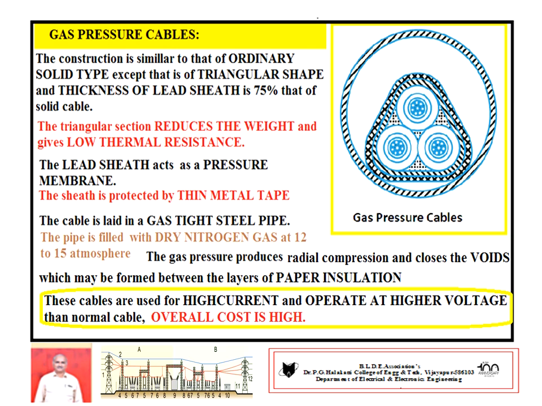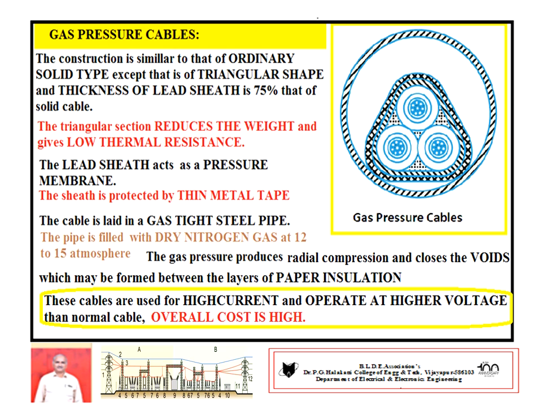Whenever electrostatic stresses are produced, those stresses are radial and the formation of voids between paper insulation is avoided. Hence naturally it increases the dielectric strength of the system even though these cables are operated at high voltage levels.